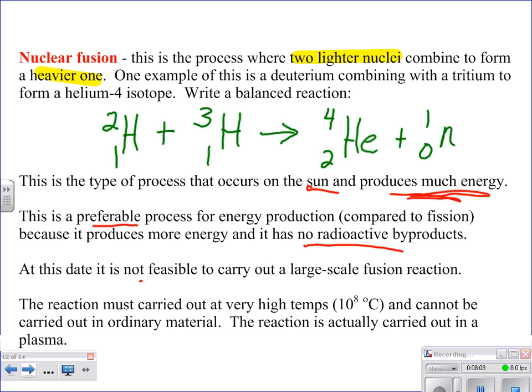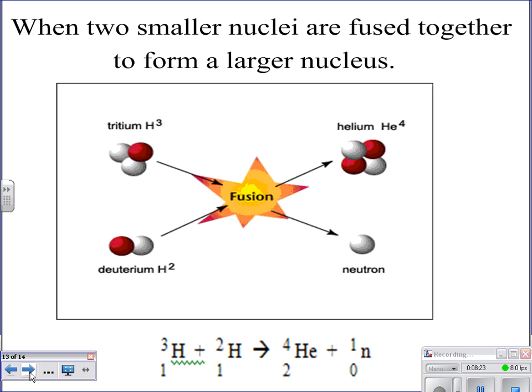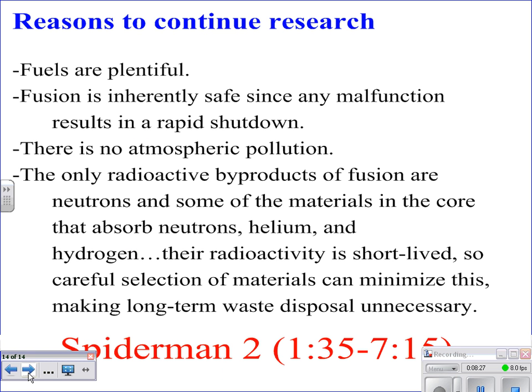However, it's not feasible for us to carry this out on a large scale, mainly because it has to be carried out at really high temperatures, and we don't have any sort of material to contain that. It also has to be carried out in a plasma, so we don't have a way to actually make that happen yet. And there are a couple of reasons to continue research, and that's really about it. So I would advise you to just skim through your book, look through your book on these notes as well.